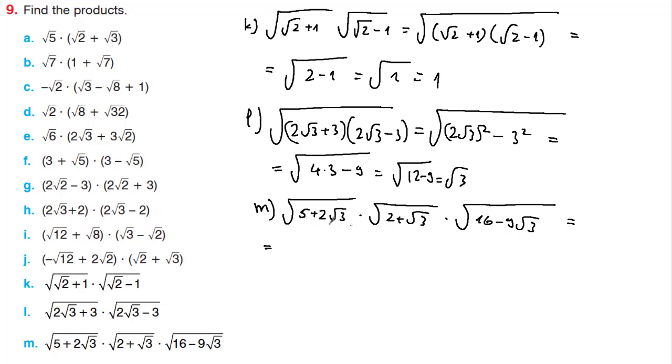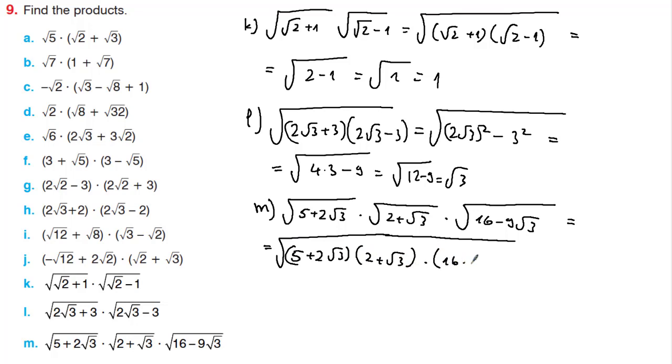Alright, let's multiply the first two radicals here. We will put them under the same radical sign, all of these, and then we'll multiply 5 plus 2 root of 3 times 2 plus root of 3 times 16 minus 9 root of 3.